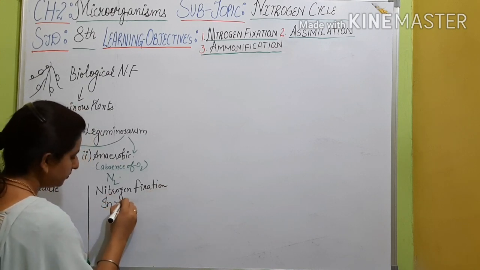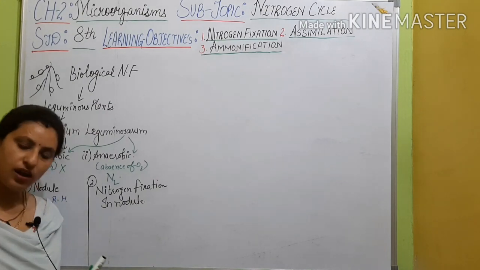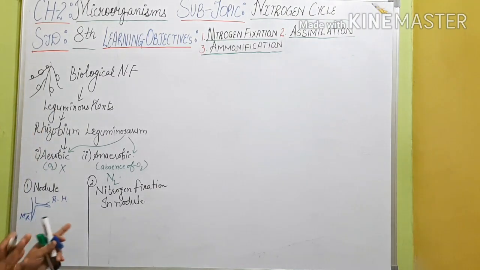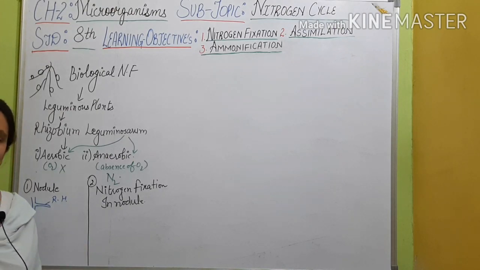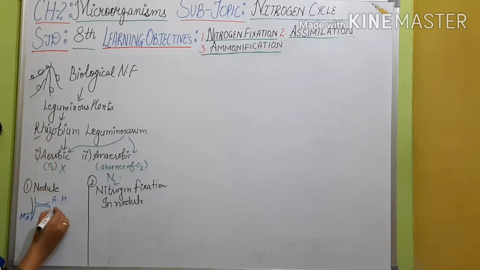If I go for the nodule formation, simply this is the main root, and this is the root hair. When the seed is sown and the plant starts growing up, at that time the roots are normal, but later on, in the soil there is presence of this bacteria, Rhizobium leguminosarum, and it will infect the root.